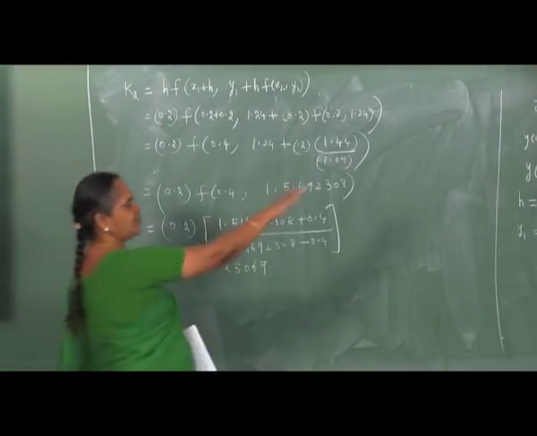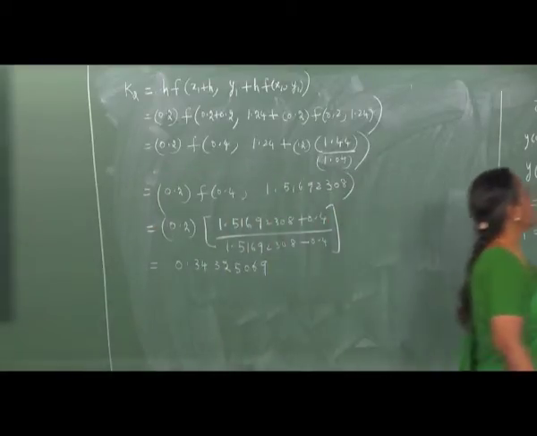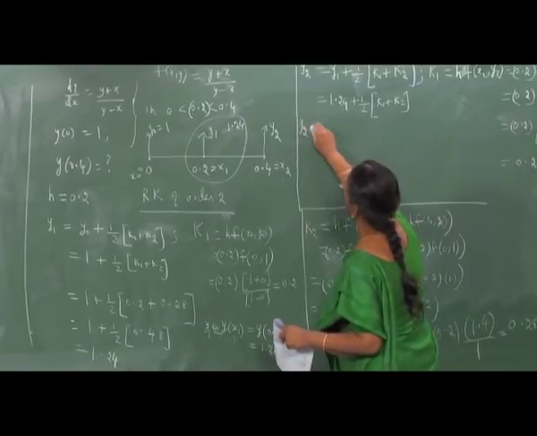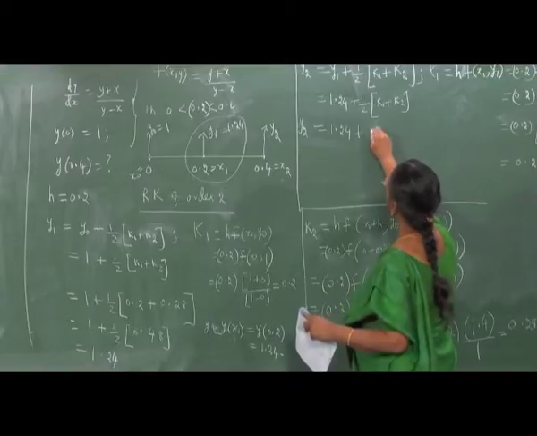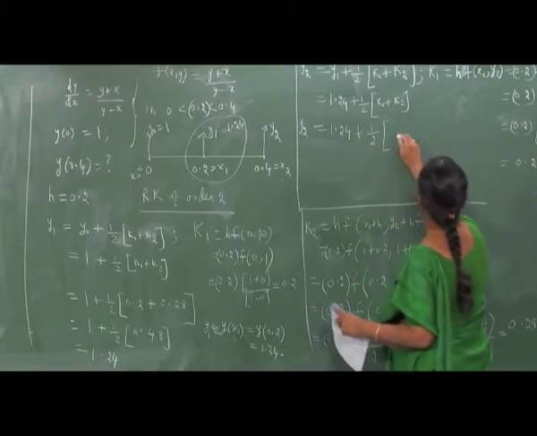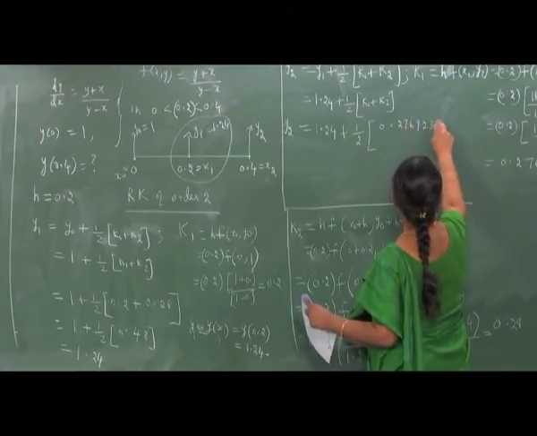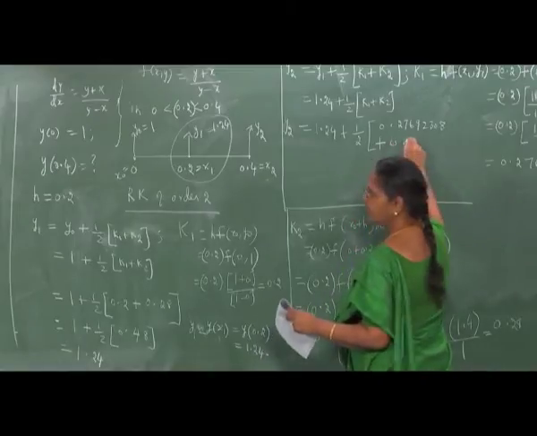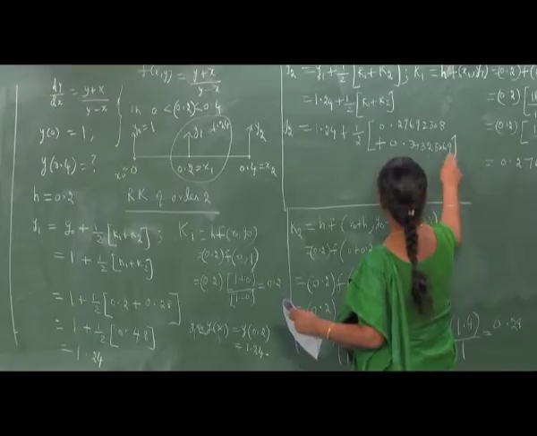So, having computed K1 and K2, we substitute in this expression and obtain what y2 is. It is 1.24 plus half of K1, which is 0.27692308, and K2 is 0.34325069.